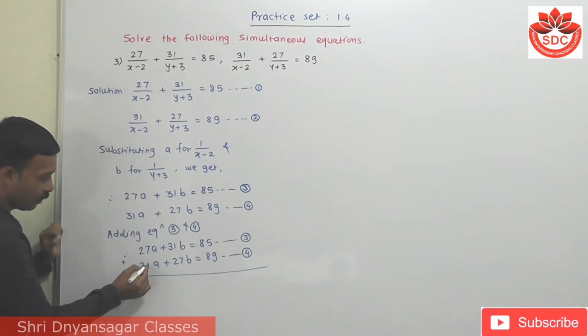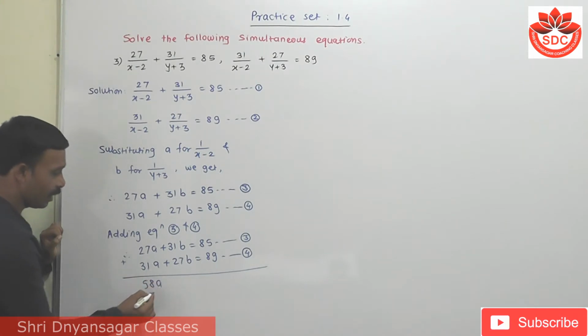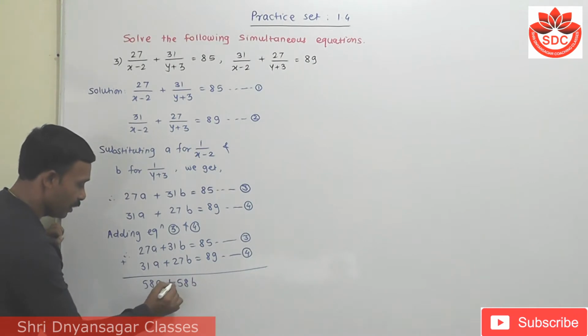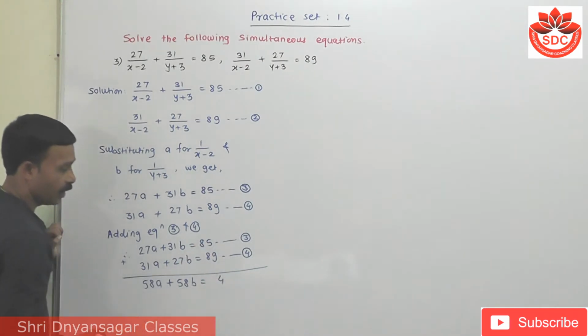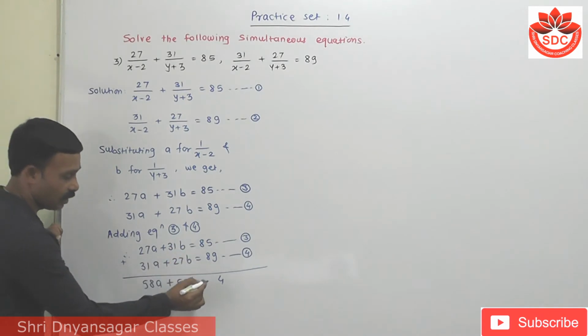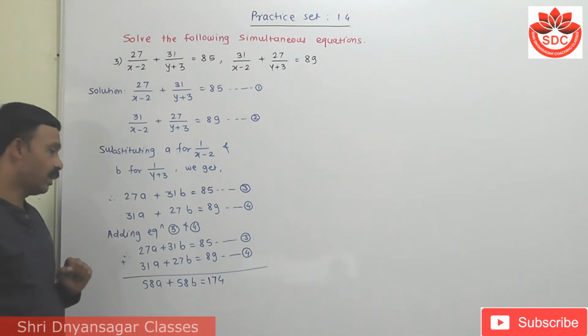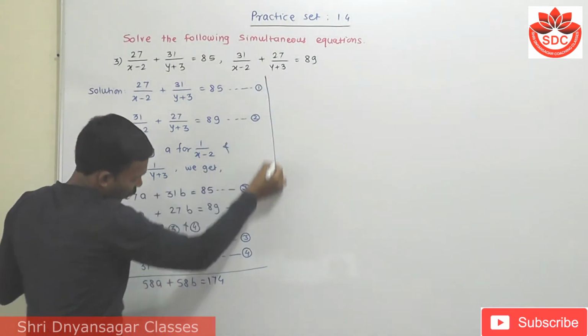So 27 plus 31 is 58a. Here the addition is also 58b is equal to 85 plus 89, which becomes 174. Okay, then we take the next step.